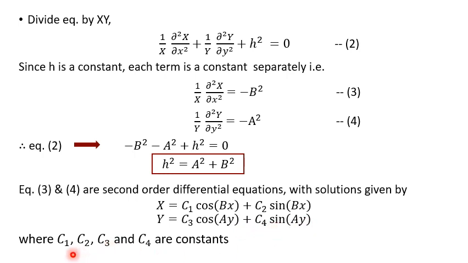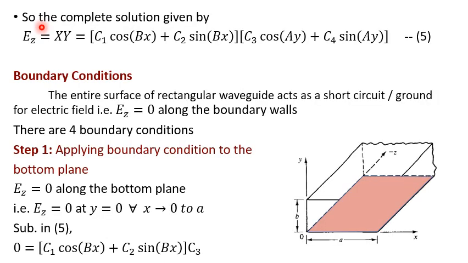Here C1, C2, C3 and C4 are constants which have to be evaluated by applying the boundary conditions. So the complete solution is given by Ez is equal to XY, where X is equal to C1 cos bx plus C2 sin bx, and Y is given by C3 cos ay plus C4 sin ay.